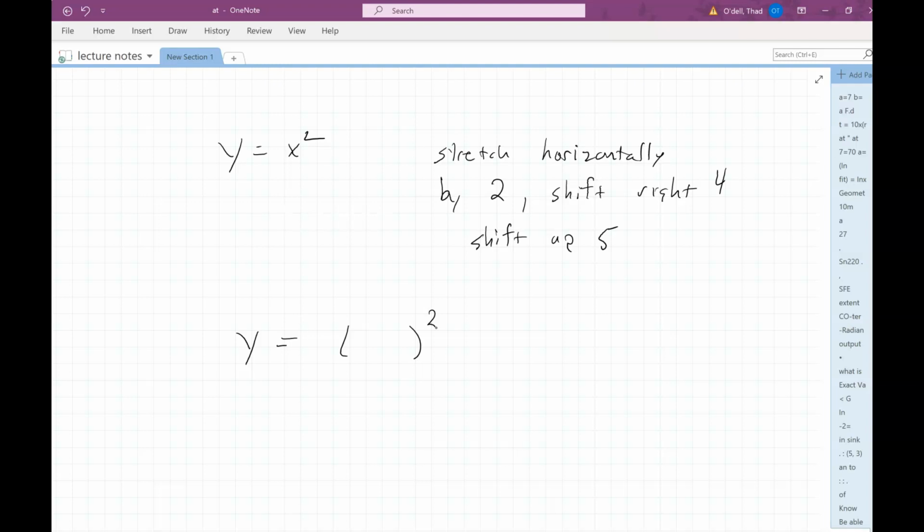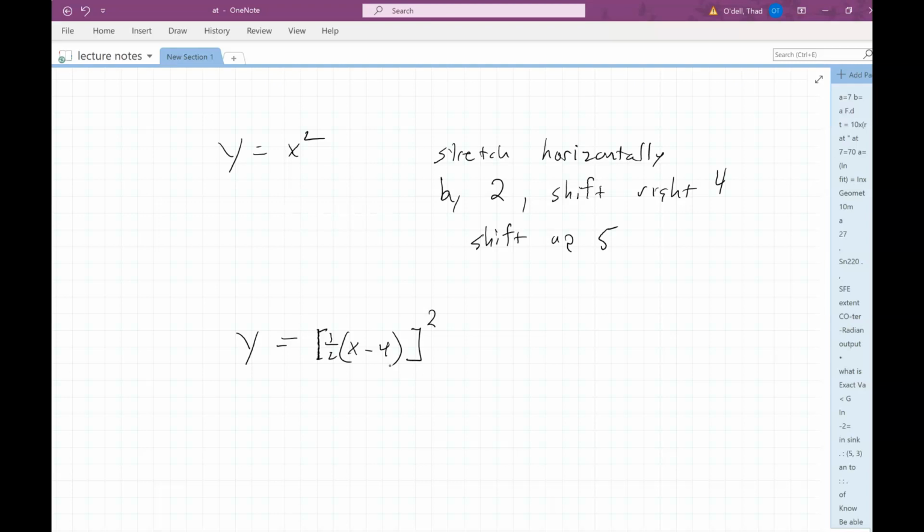because of that reciprocal effect. And since there's a shift on the inside also, I'm going to do some double parentheses here, because I want to factor out the stretch factor from the shift. So that 1/2 is going to go on the outside, and then I'll have x minus 4 in there. So notice that everything's still on the inside. Everything's inside the squared. The 1/2 is inside the squared, and the minus 4 is inside the squared.